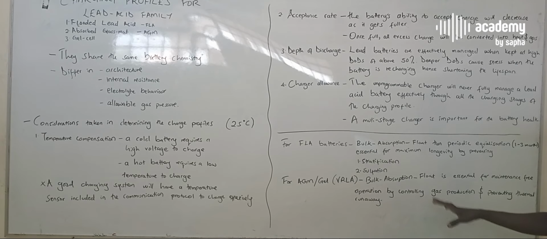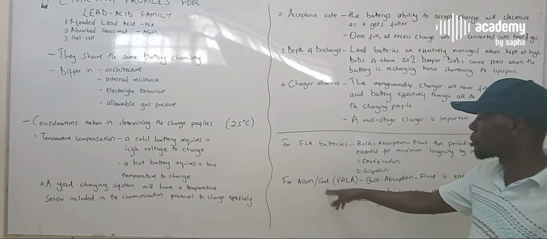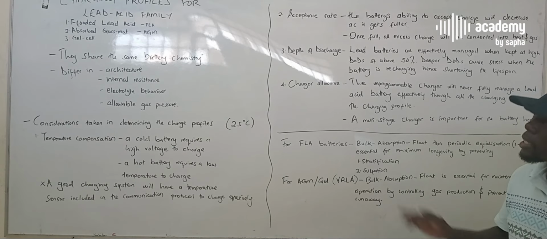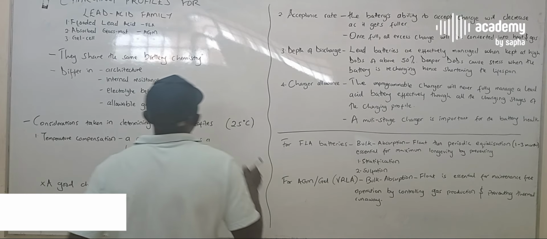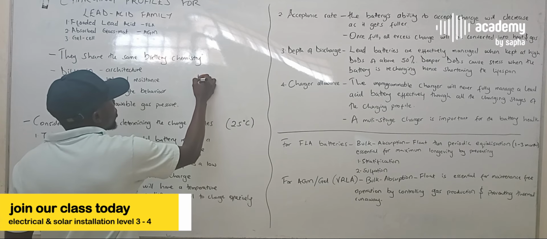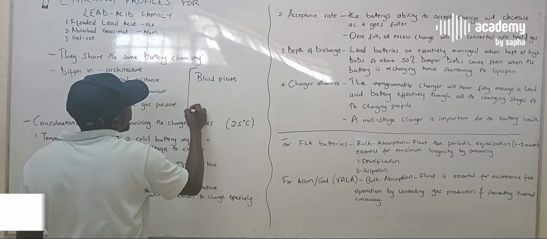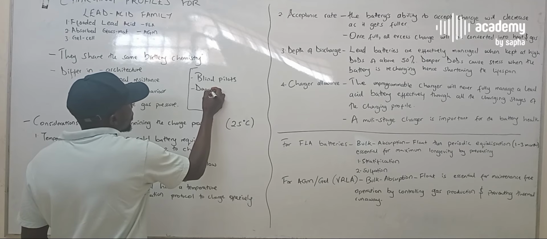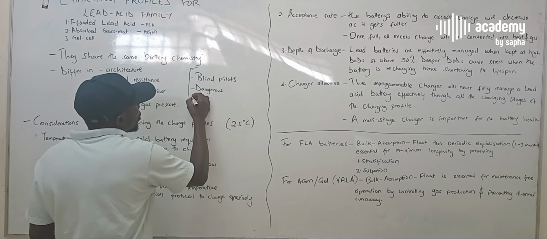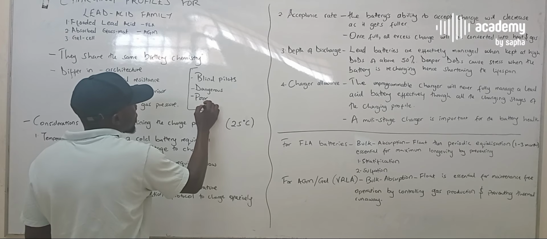So maintenance. When you do this, you are controlling the gas production and thermal runaway from the AGM and the gel batteries. This essentially means that the first category of charge controllers, I normally call them the blind pilots, are a bit, we could say, dangerous or poor for larger systems.